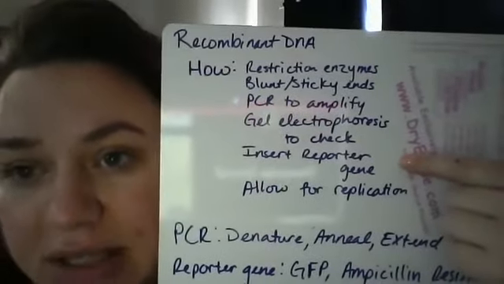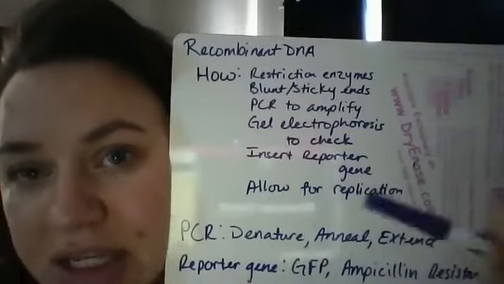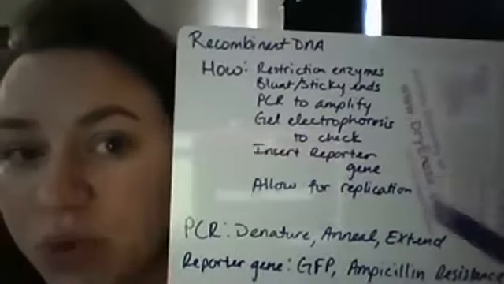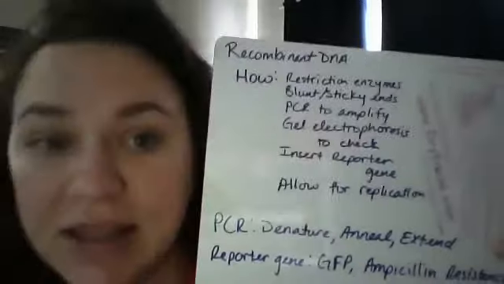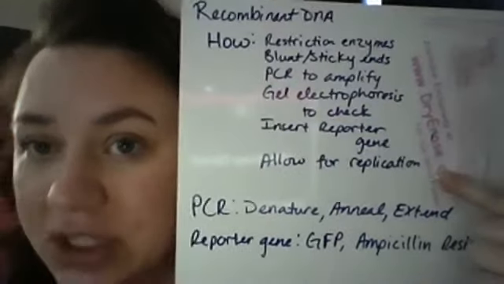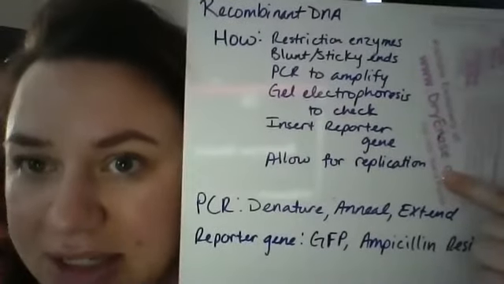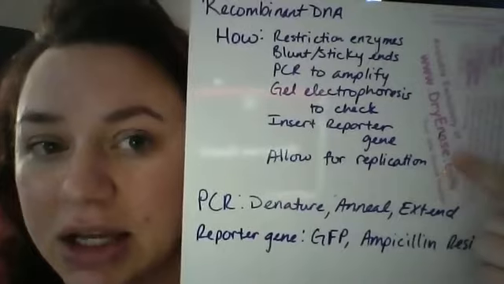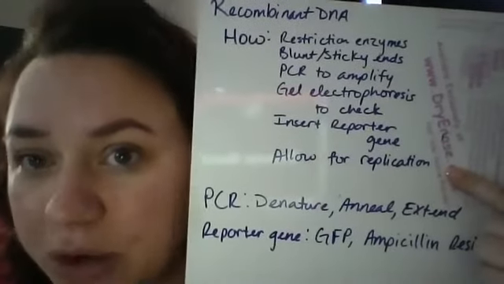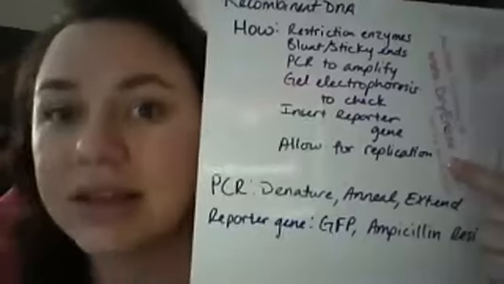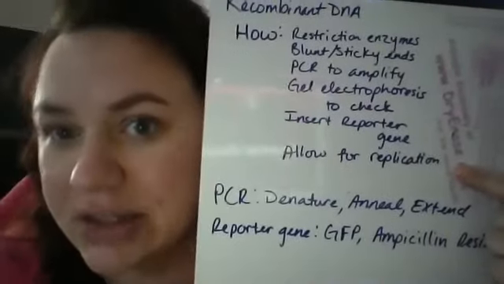They are things that we like to use to ensure that the gene we wanted actually made it in there. And then we simply allow for replication, because we're usually doing this in bacteria first, on the Petri dish and agar. And from there, we'll select the ones that actually got the gene inserted.